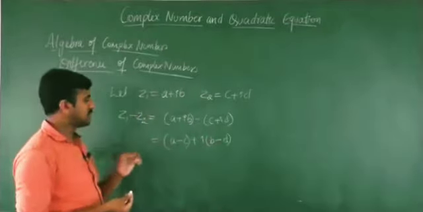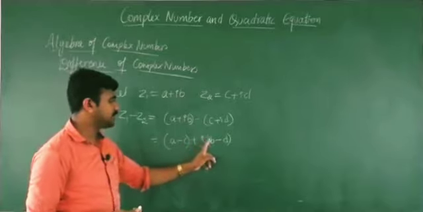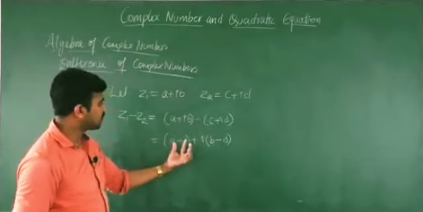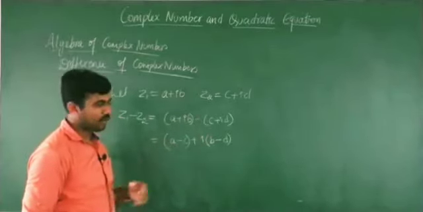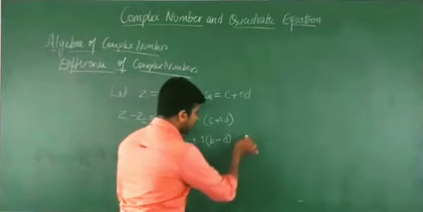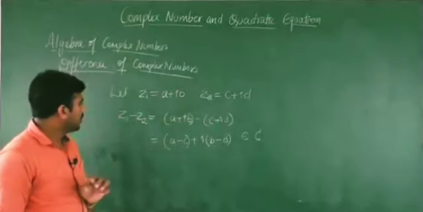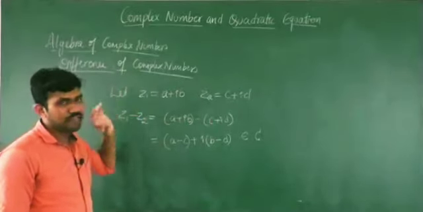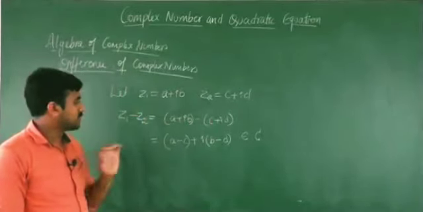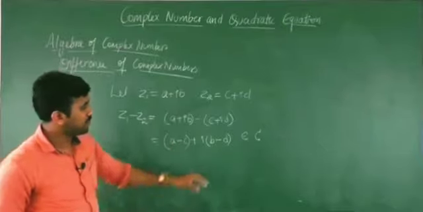Okay, like this, a minus c plus i into b minus d, and this is in the form x plus iy or a plus ib, means it is a complex number. The result obtained when the difference of two complex numbers is what? The complex number itself. Okay.